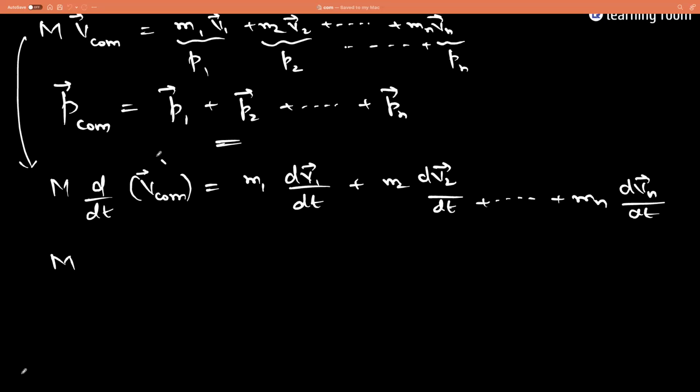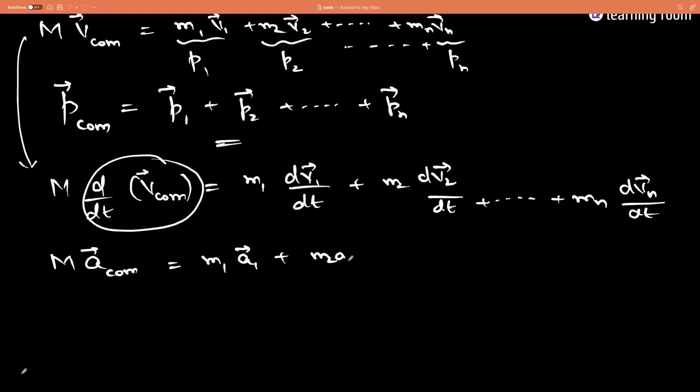So capital M into the derivative of velocity with respect to time, which gives us the acceleration of the center of mass, is equal to m1 a1 vector plus m2 a2 vector plus so on till mn an vector.